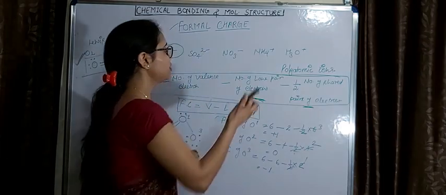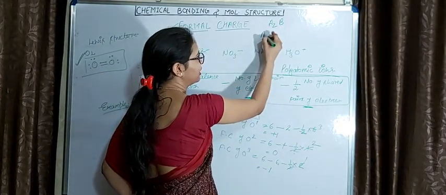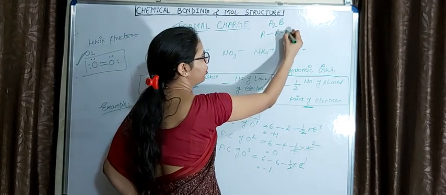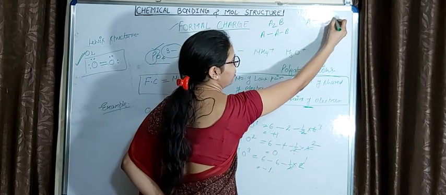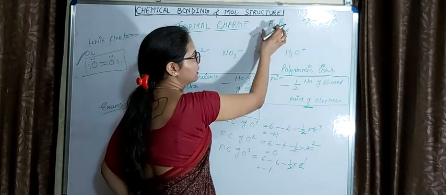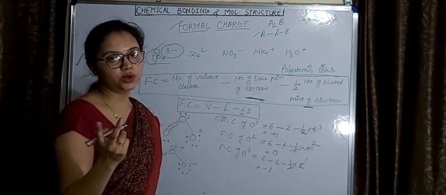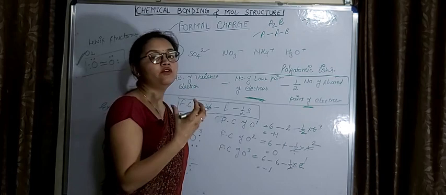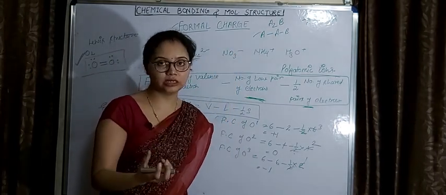Like for A to B we can draw A bond B, or we can write A bond B bond A. So we can see that for A to B there are two possible structures. Now how will we find which structure is more stable?